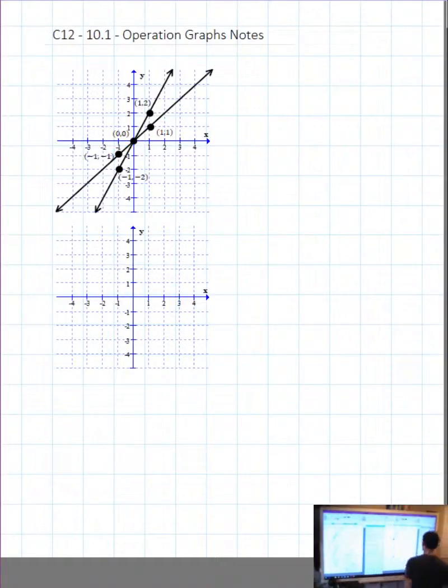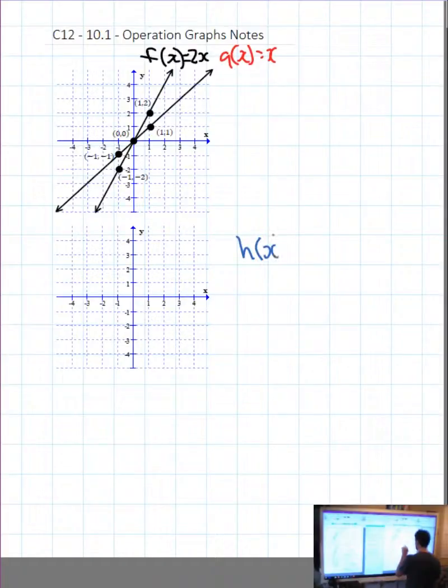Okay, so let's take, again, f of x is equal to 2x, and g of x is equal to x. And now we're going to say that h of x is equal to f of x times g of x.